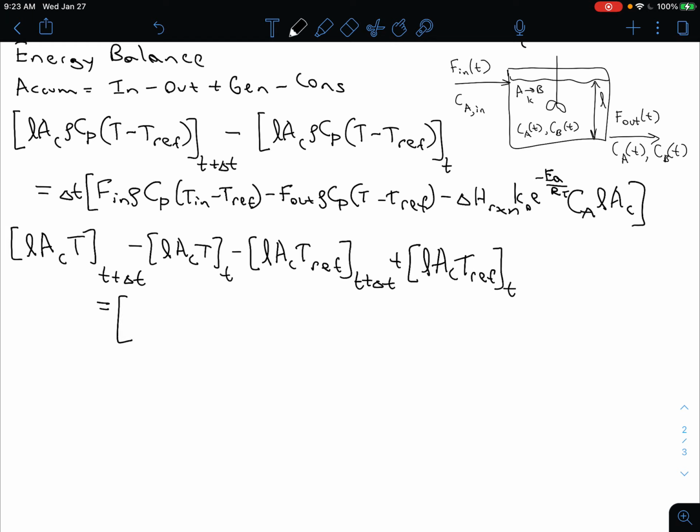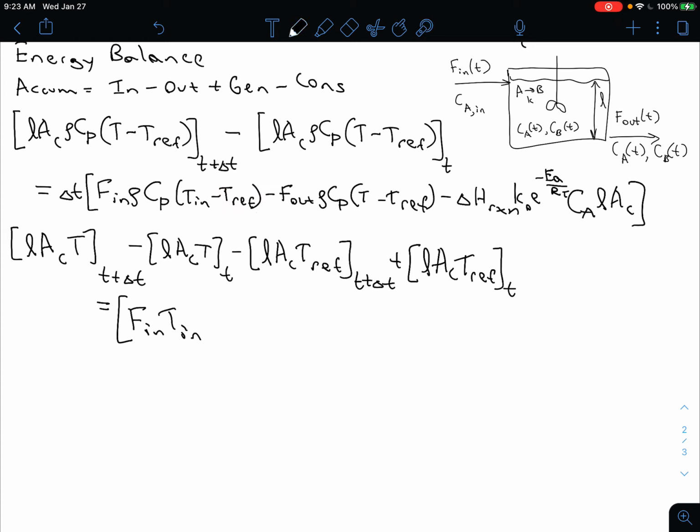And now this is going to equal F in T in. Remember we divided by rho Cp, that's why that's not there. And the T ref terms I'm going to collect separately.